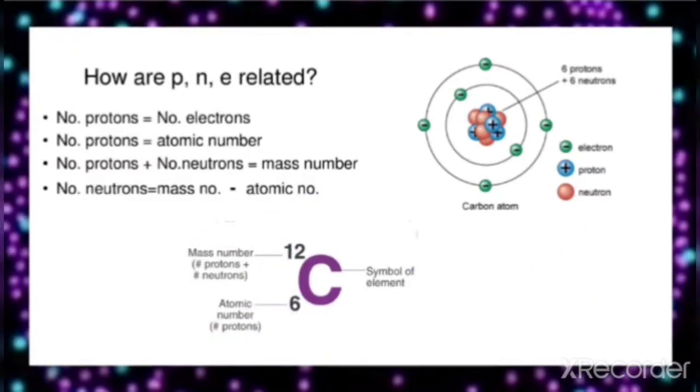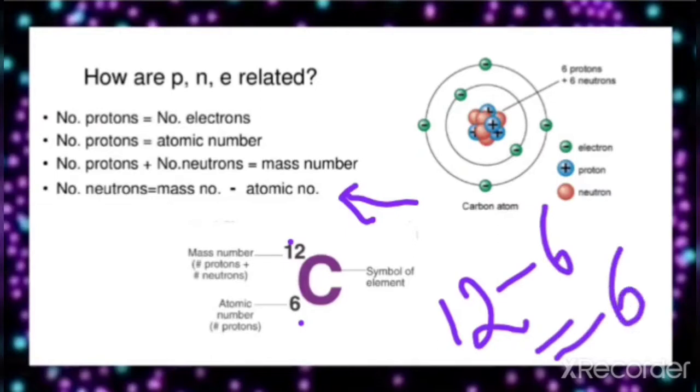If the atomic representation is given to us in this way, how do we find the number of neutrons? We have to use this formula: number of neutrons is equal to mass number minus atomic number. What is the mass number? 12. Atomic number 6. So 12 minus 6 is equal to 6.